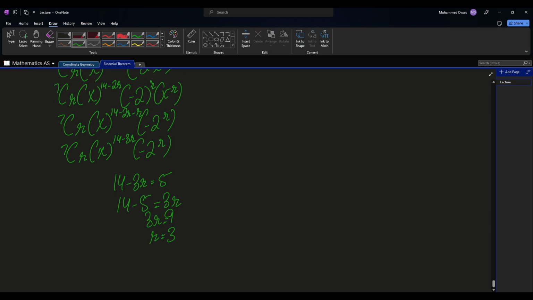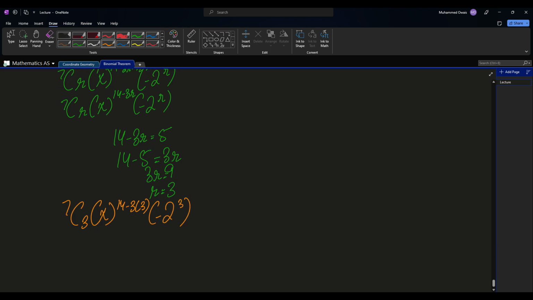Now we can just plug in this value of r to find our answer. So 7C3 into x power 14 minus 3 into 3, into minus 2 power r, which is 3. 7C3 is 35. And 14 minus 3 into 3 is 9, and minus 2 cubed becomes minus 8.